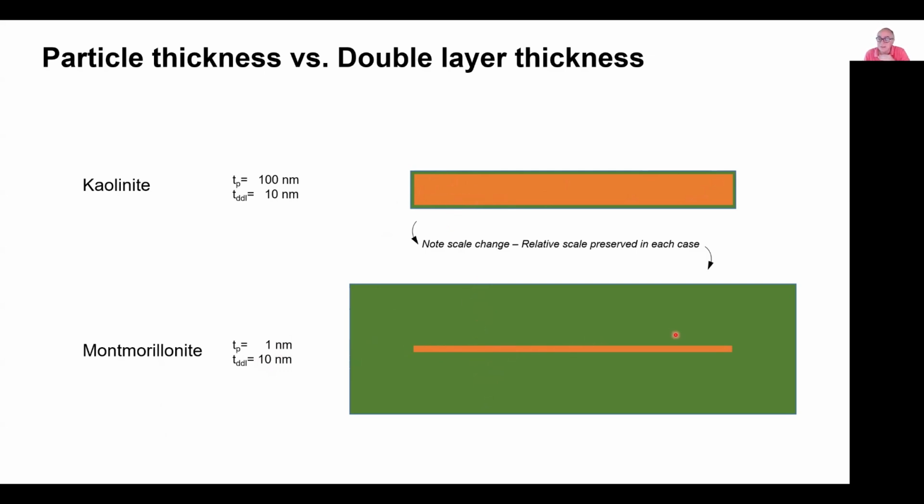Now, if the thickness of the double layer is so thick with respect to the particle, you realize the critical importance of double layer phenomena in montmorillonite, the fact that the phase may almost hide the edges, the electric field that forms around, and conversely, the relatively low effect of double layer thickness on kaolins.